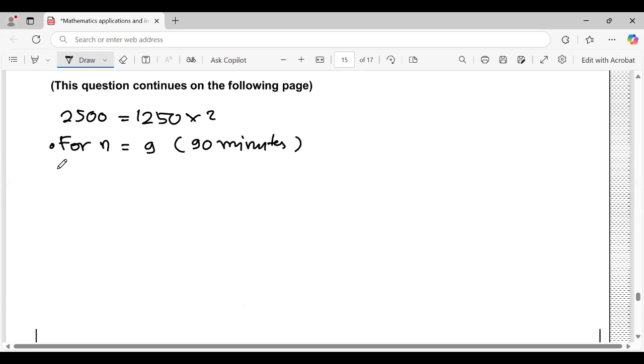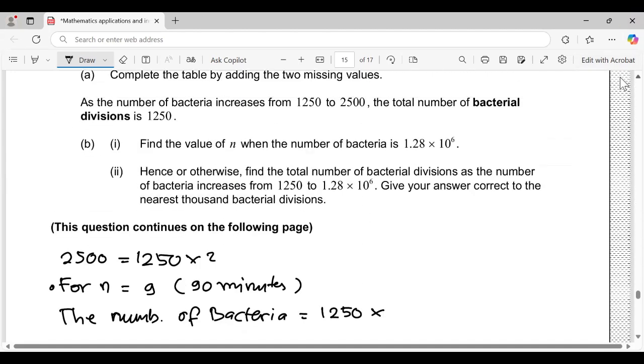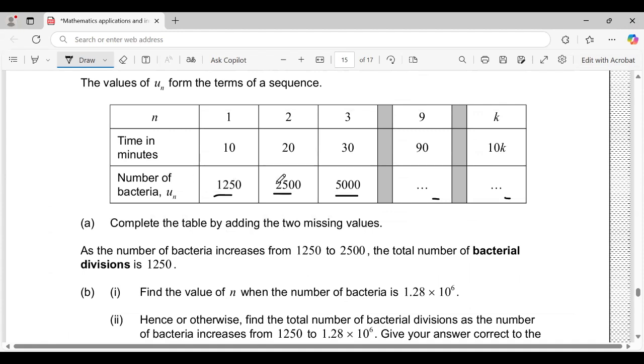The number of bacteria, look at the pattern: it's 1 times 2 times 2 times 2, so it's going to be 1,250 times 2 to the power n minus 1, because here it is 1,250 times 2 to the power 0, this is 2 to the power 1, and this one 2 to the power 2.